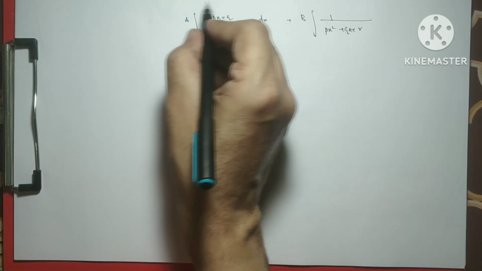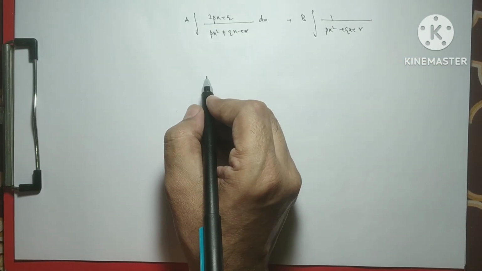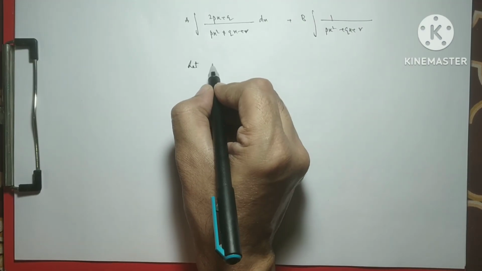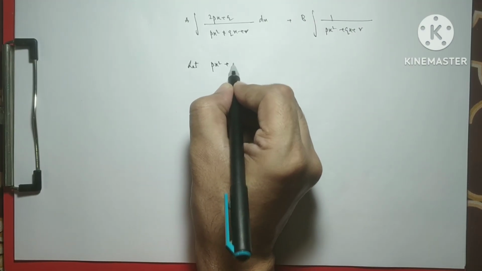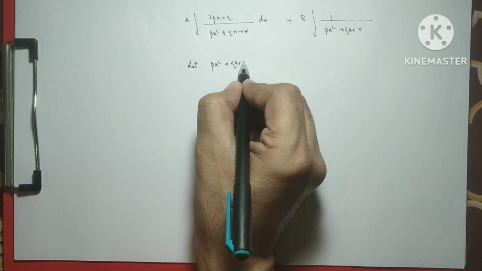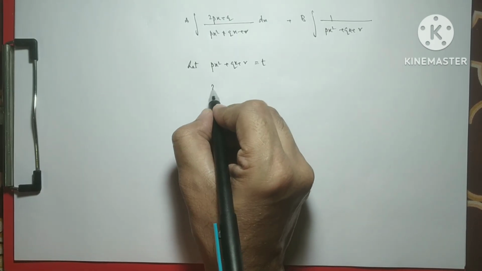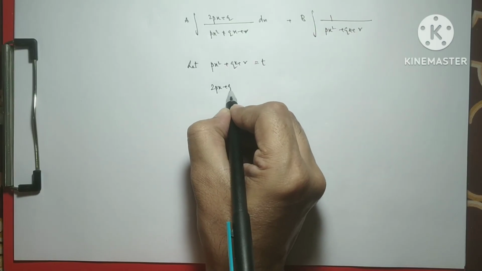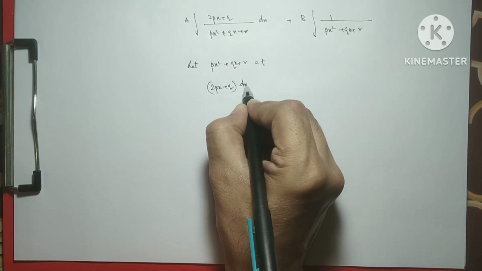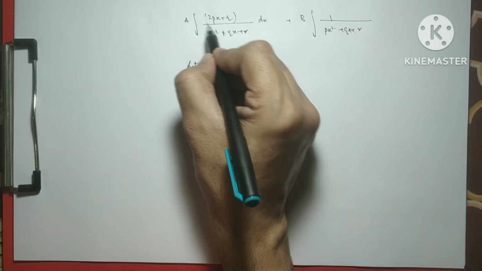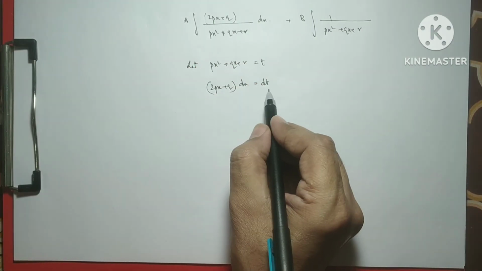So in this first integral part, we consider px square plus qx plus r as t. So on differentiation we get (2px plus q) dx as dt. So the numerator is now dt.